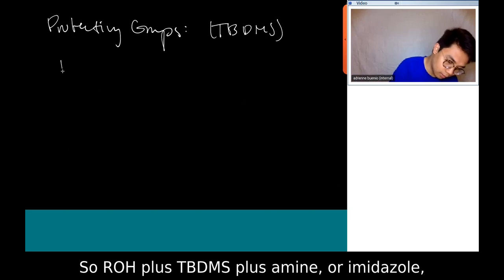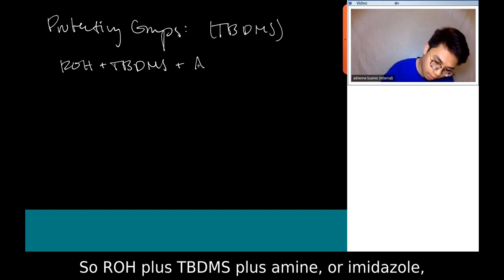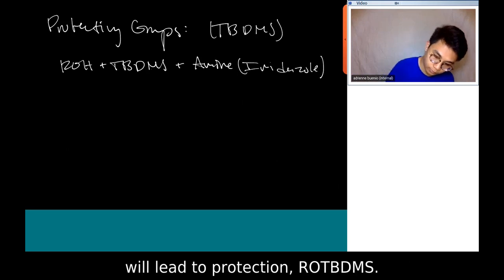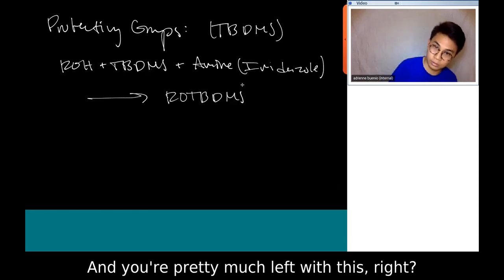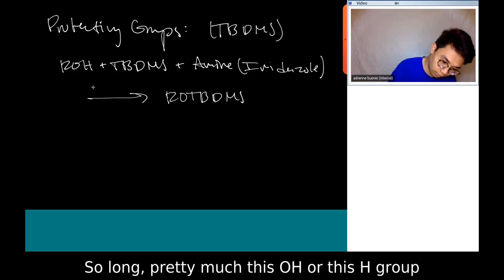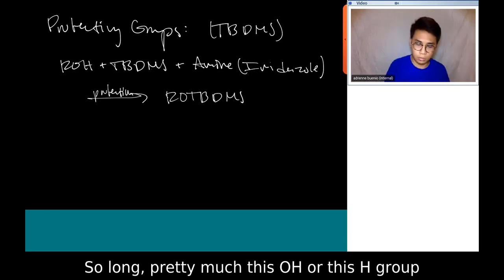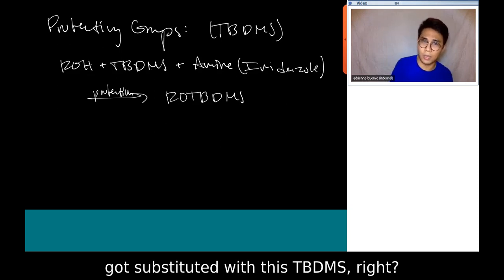So ROH plus TBDMS plus amine or imidazole will lead to protection, right? ROTBDMS, and you're pretty much left with this, right? Pretty much this OH, or this H, got substituted with this TBDMS, right?